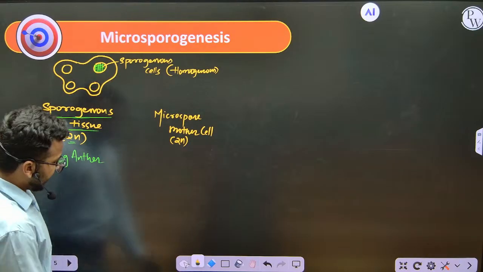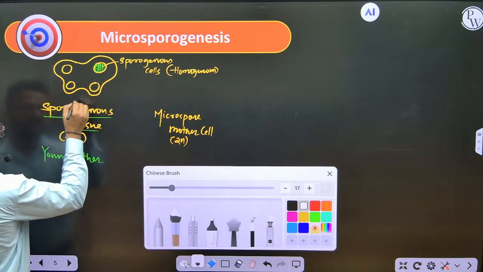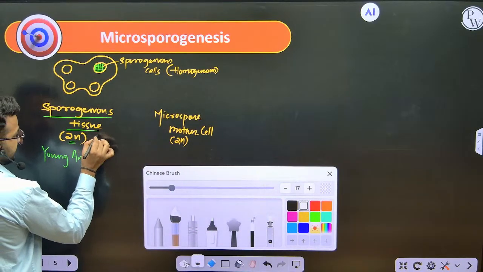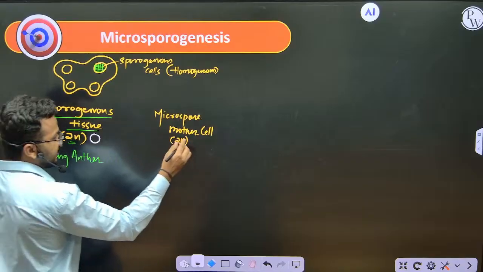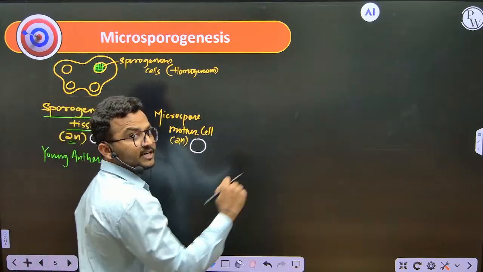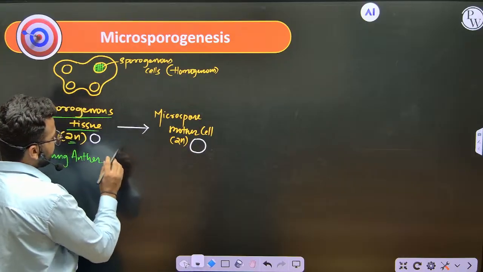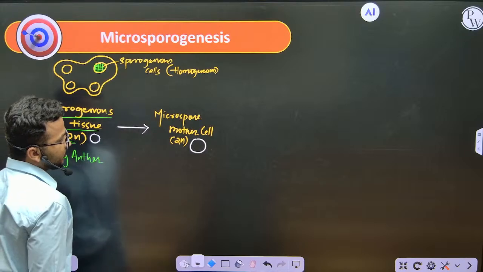Initially the cell size was small, and it increases in size, converting the sporogenous cell into a microspore mother cell.